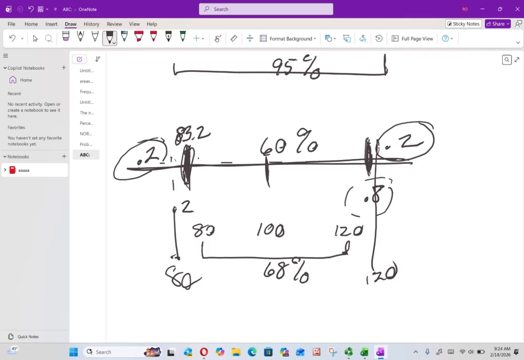That's the NORM.INV. Area always to the left, and you have to figure out what it is that you want from that.